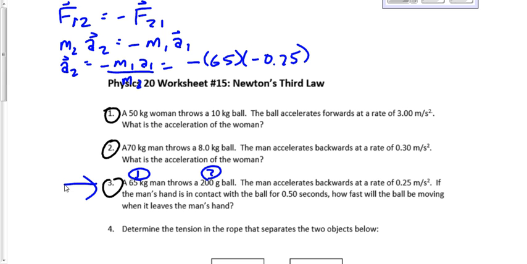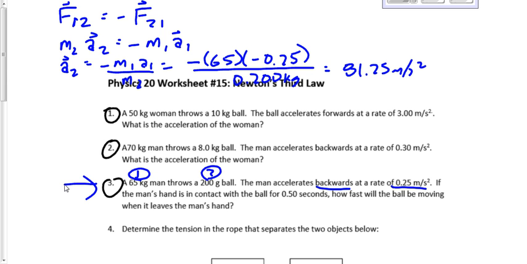How come I made that negative? The man was accelerating backwards, right? Backwards, so I made it negative there. Mass 2 is 0.200 kilograms. When I solve for that, I get an acceleration of positive 81.25 meters per second squared.